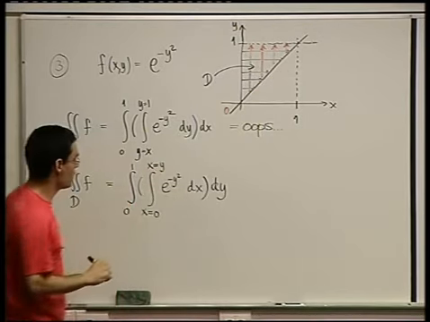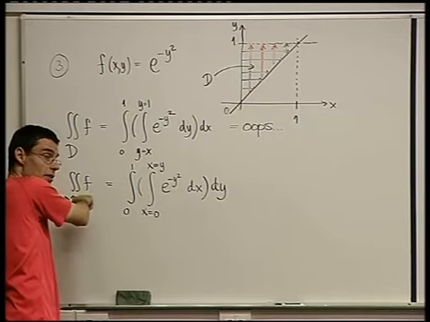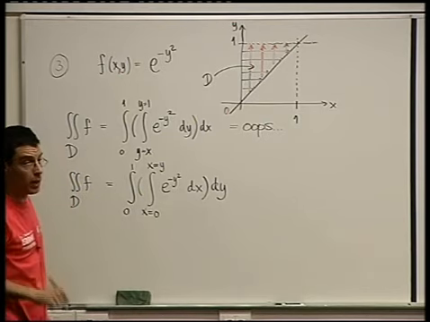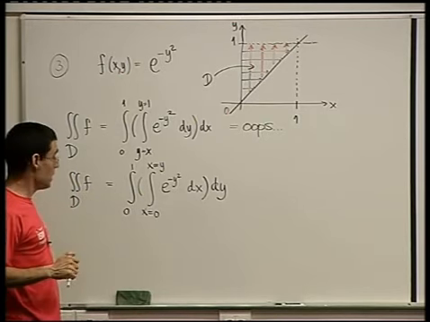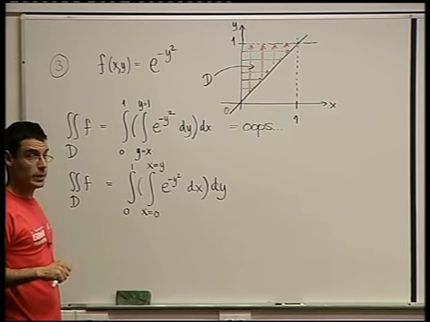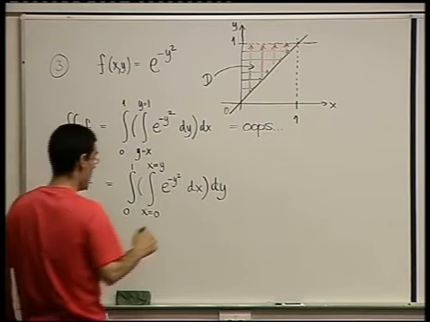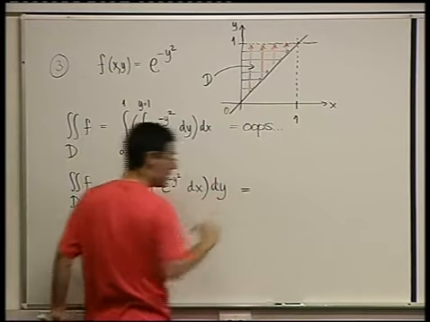Do you agree that this is the way of writing the same double integral as an iterated integral in the other order? Do you agree? Everybody? Now this I can calculate.